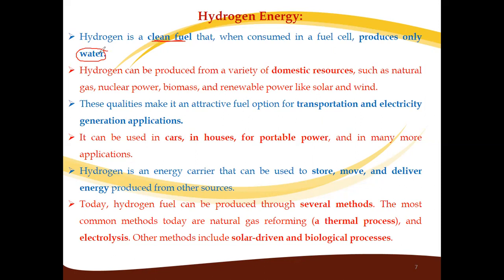So the byproduct of this hydrogen fuel cell is water. Hydrogen can be produced from a variety of domestic resources such as natural gas, nuclear power, biomass, and renewable power like solar and wind. So from these we can produce hydrogen.